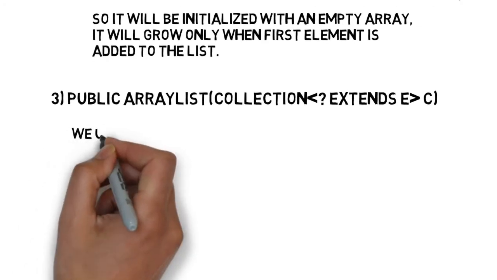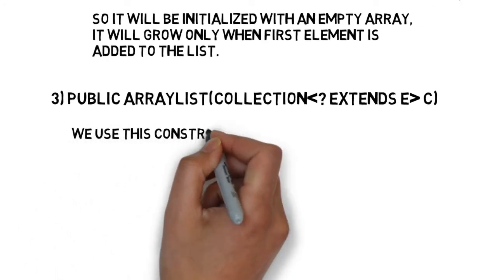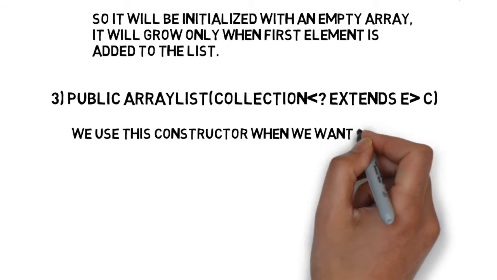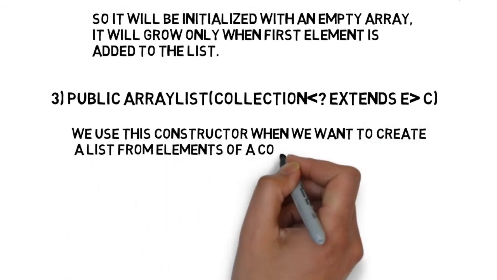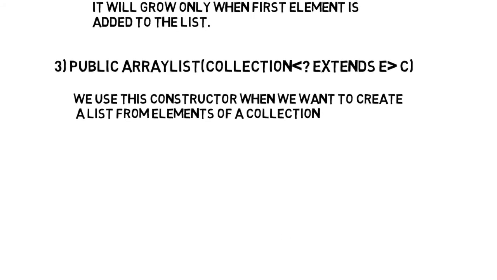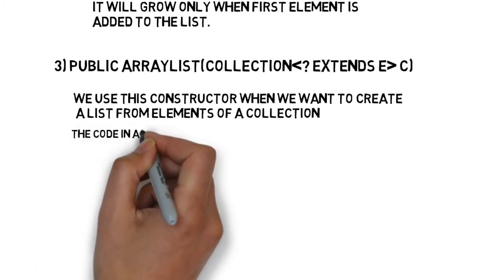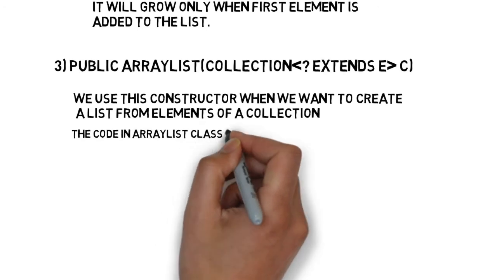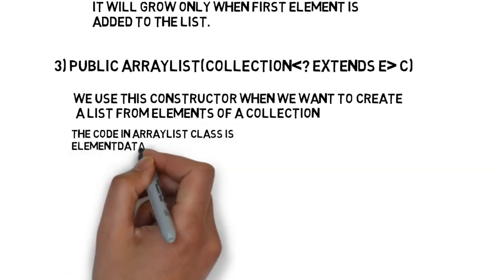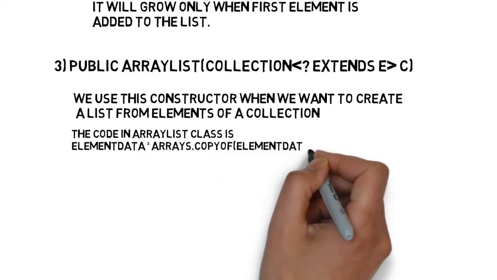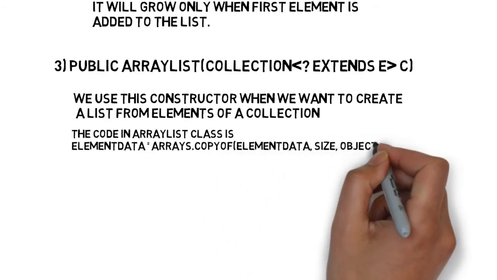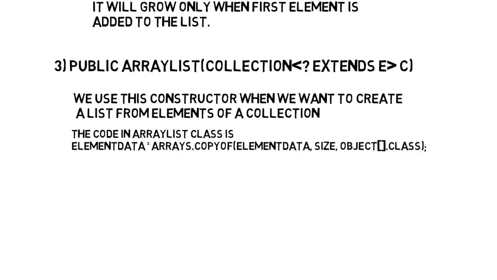Public ArrayList(Collection c). We use this constructor when we want to construct a list containing the elements of the specified collection. The code in the ArrayList class is elementData equals Arrays.copyOf(elementData, size, Object[].class).